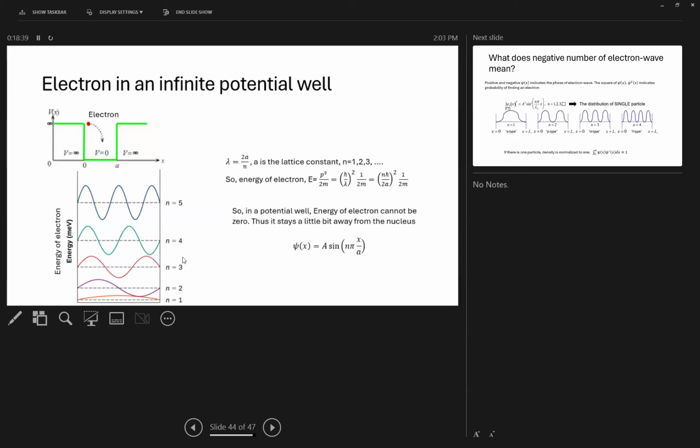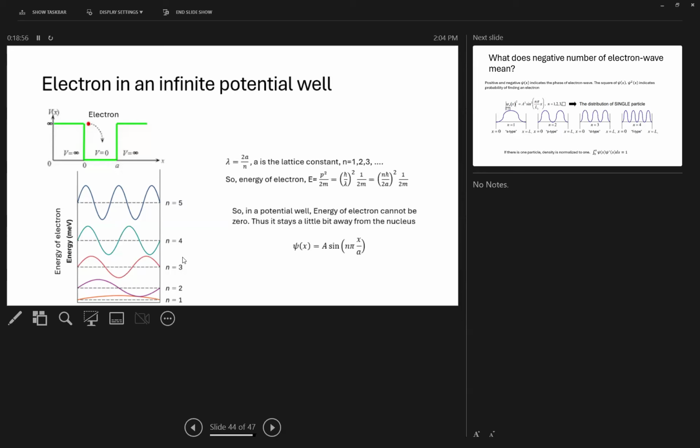Either it will look like this, or like this, or like this. There are very few specific values.